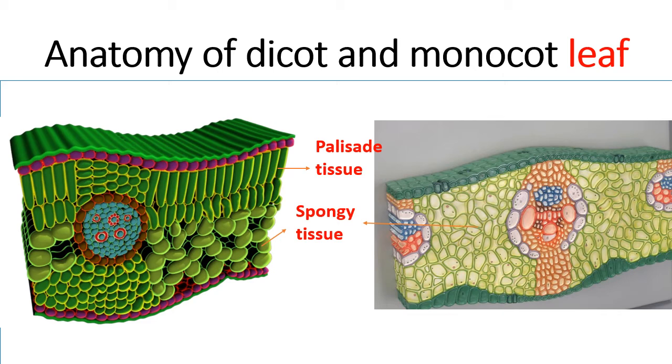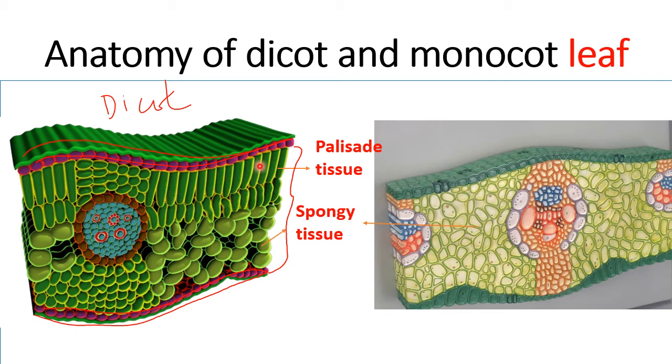Here you will see anatomical difference between dicot and monocot leaf. So if you look into this dicot leaf, this is upper epidermis, and this is lower epidermis. And this entire tissue is called mesophyll tissue. But if you look neatly here, these cells are columnar cells.